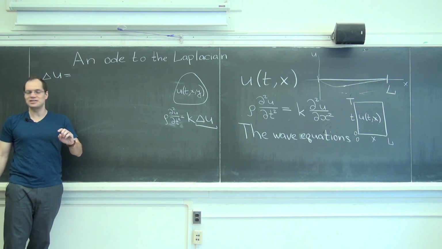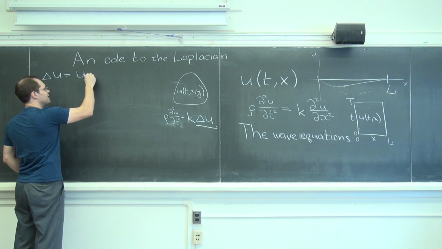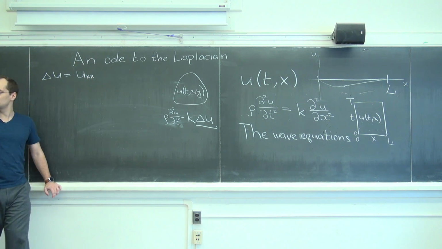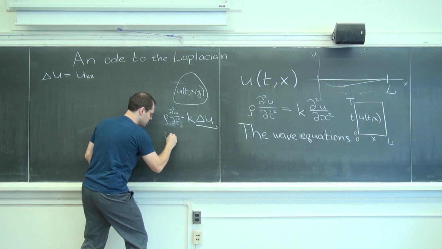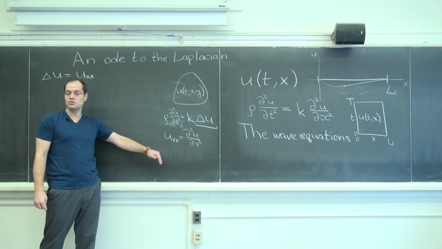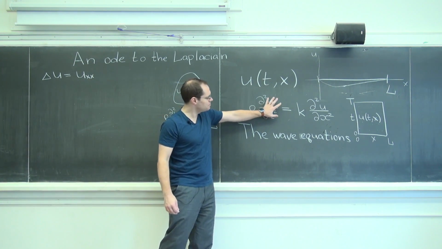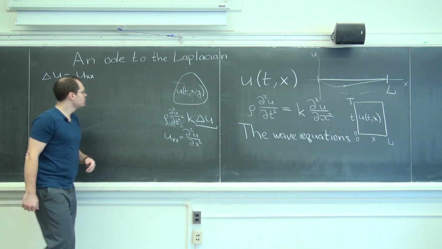And I will change the notation a little bit. I will say u sub x, x. That means second derivative with respect to x. And of course, we'll also use u sub y, y, and u sub t, t. There are just so many partial derivatives that it becomes quicker to write.